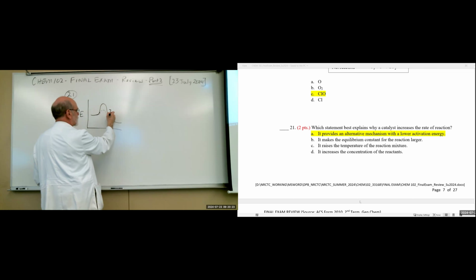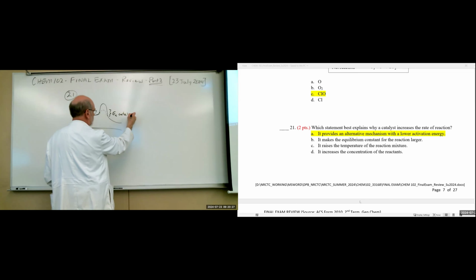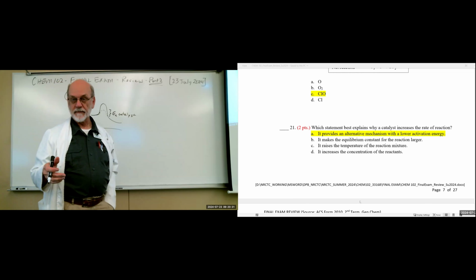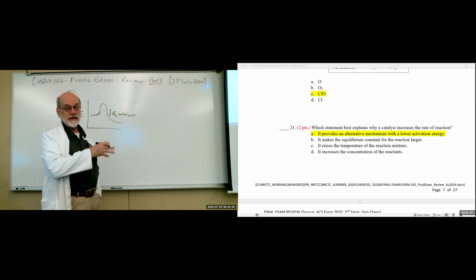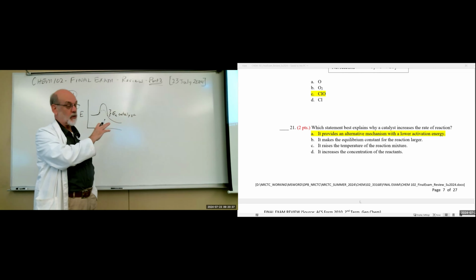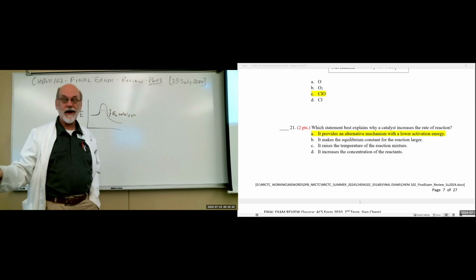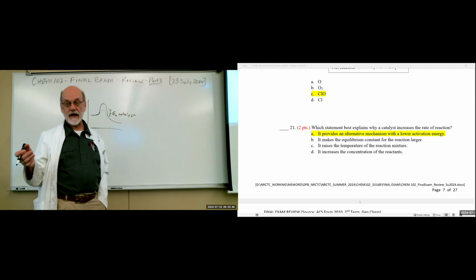We have a lower activation energy. So how do you get a lower activation energy? You can't go through the same steps of mechanism in order to get there. Right? It'll just take you to the same place by the same route. It won't change the speed of the reaction or the rate of the reaction.